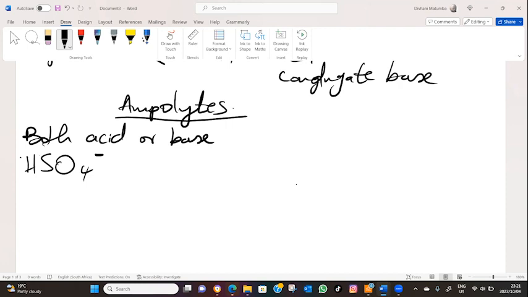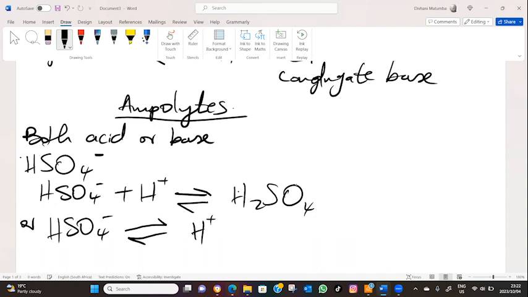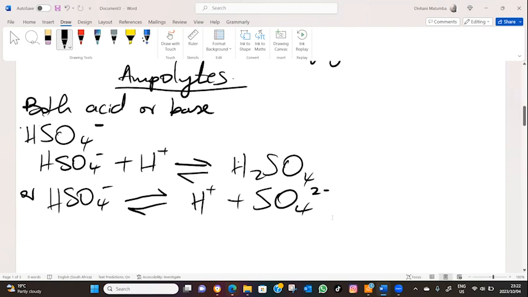So if it gains, say for instance, if we have this situation, we will have H2SO4, or if it further loses another proton, we will have something of this sort. So that's why we call them ampholites.